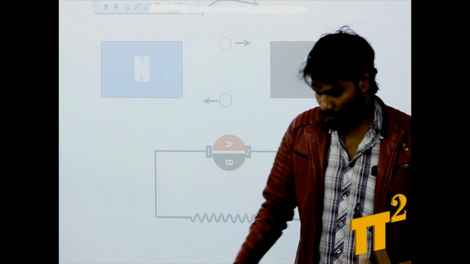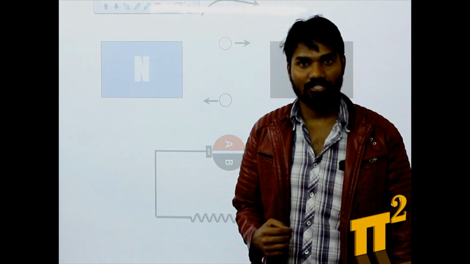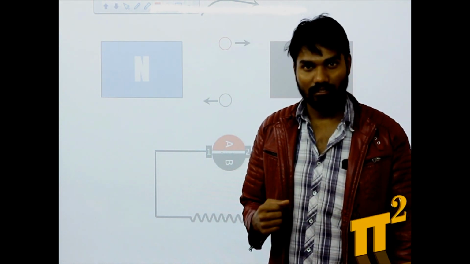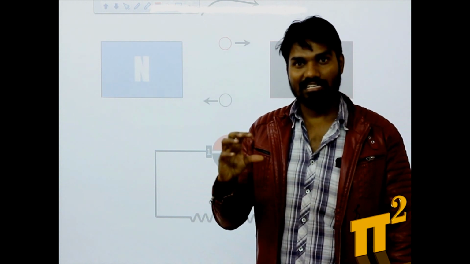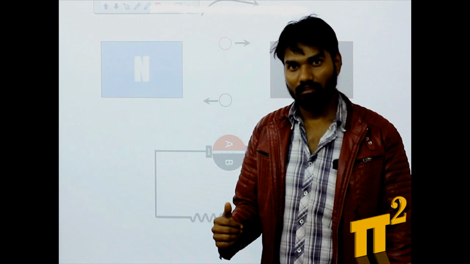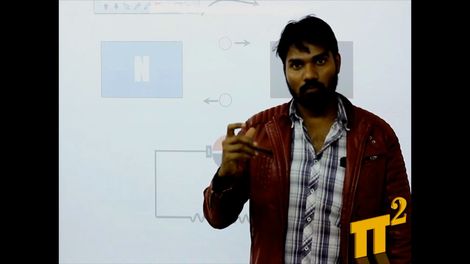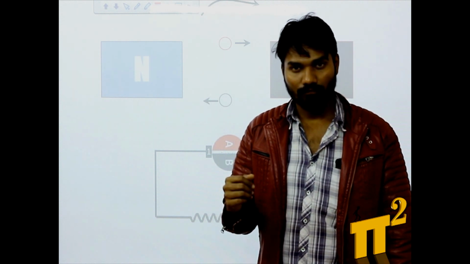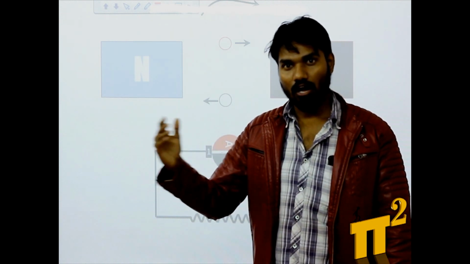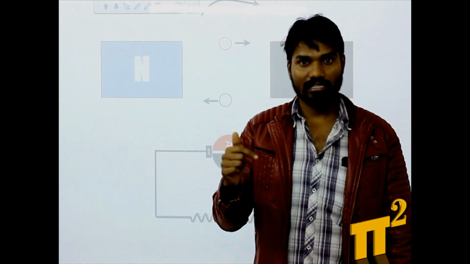So the conclusion is EMF induced in a DC generator is AC. If we connect slip rings, the output is also AC. But if we replace slip rings by split rings, that is commutator, we'll get output is DC, though generated voltage is AC.